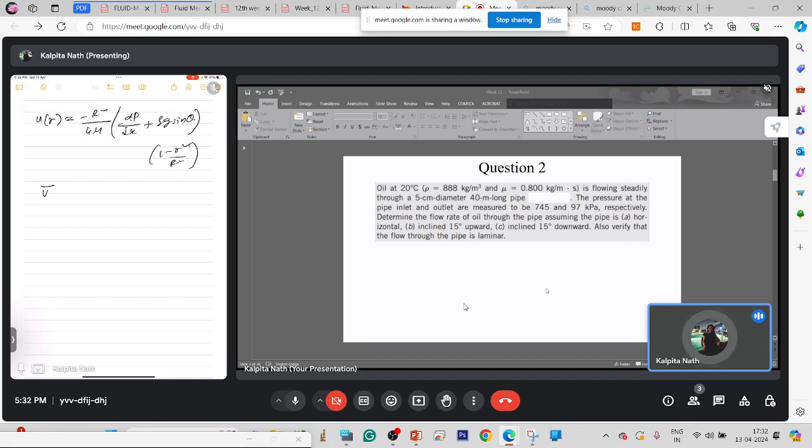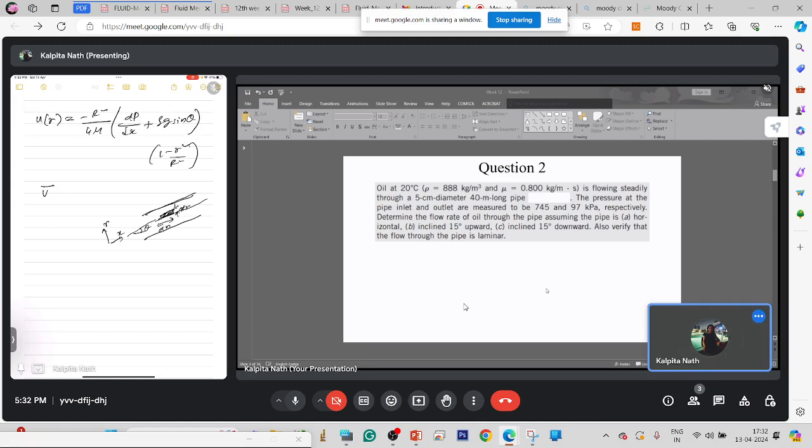So if this was the whole pipe, this elemental area we have considered, this is dr and this is dx, this is theta, this is x.